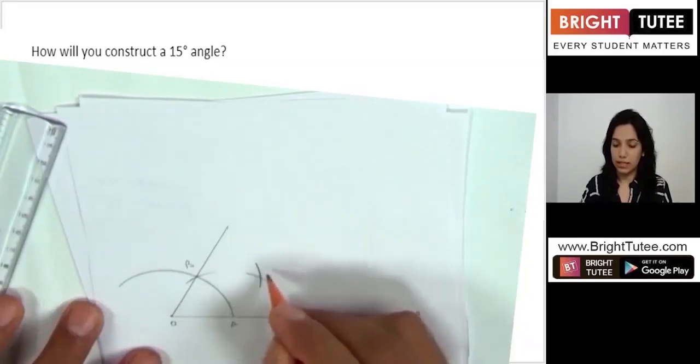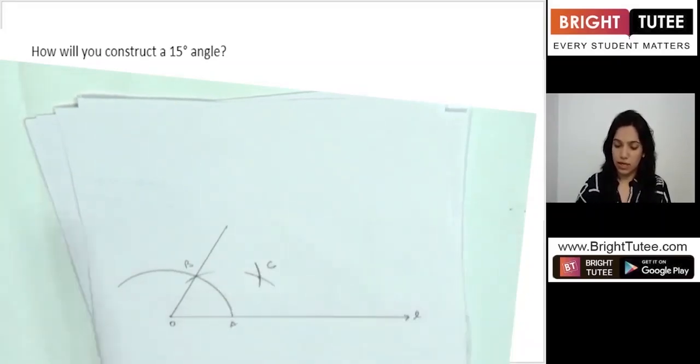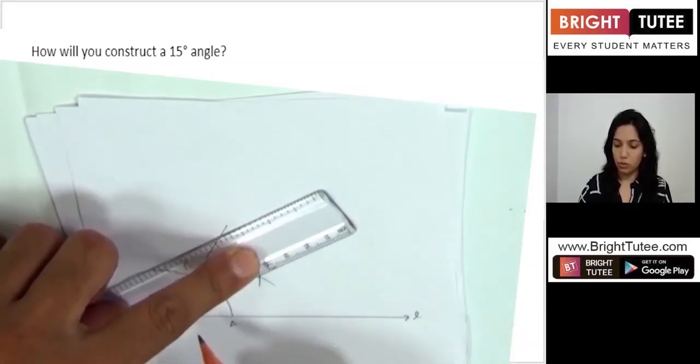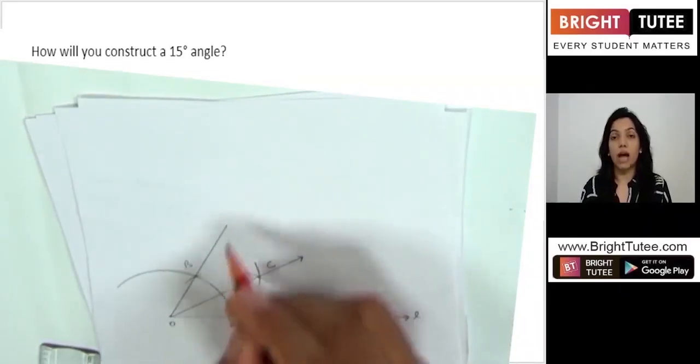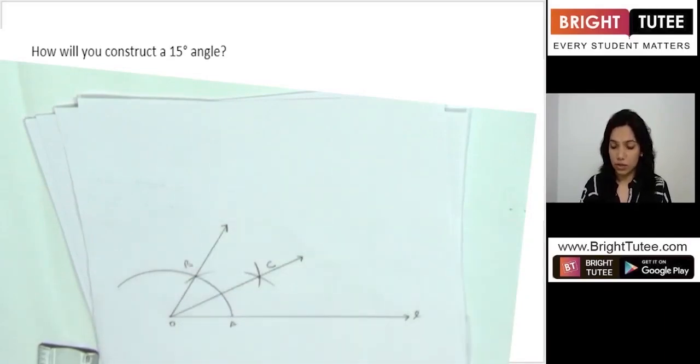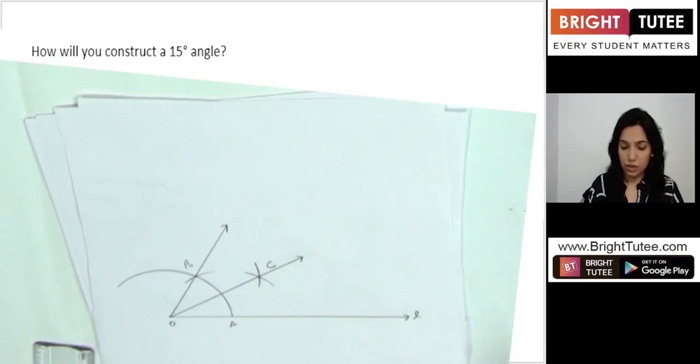Let's say this is point C. Now we will join point O to point C. So students, what have we got now? We have got half of 60 degrees. This particular angle is 30 degrees. Let us name it here: angle AOC is equal to 30 degrees.